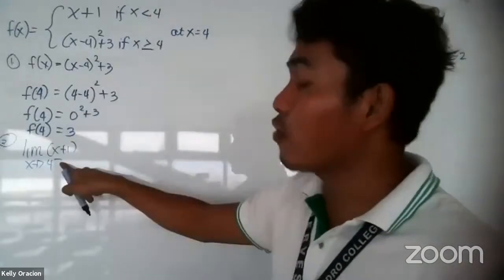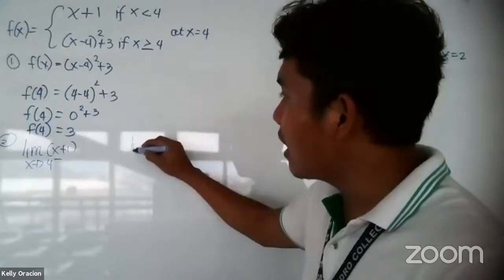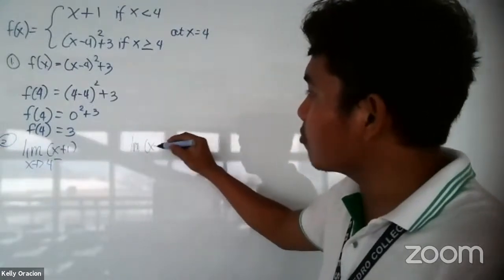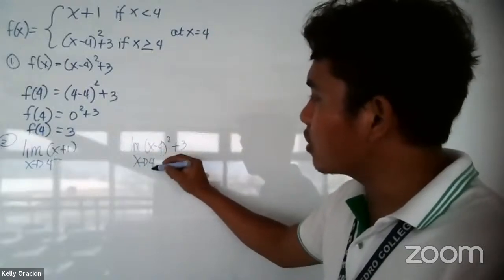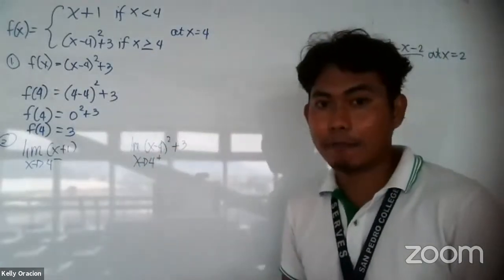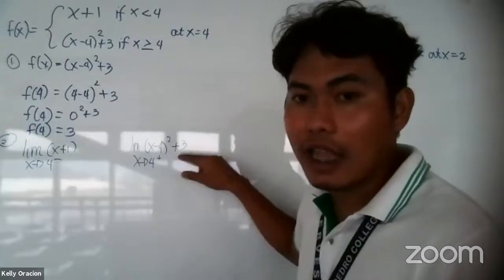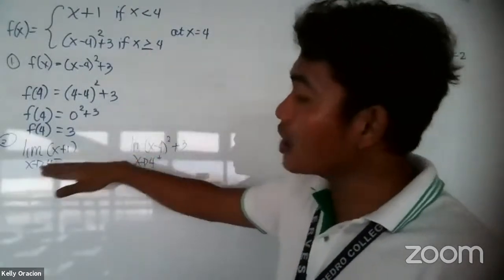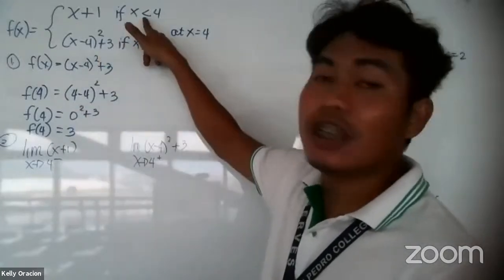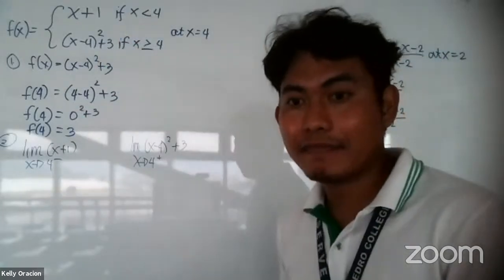Less than, so from the left. Ang isa, the limit of x minus 4 squared plus 3 as x approaches 4 from the right. Bakit siya ang from the right? Because greater than. Bakit siya ang from the left? Because less than.